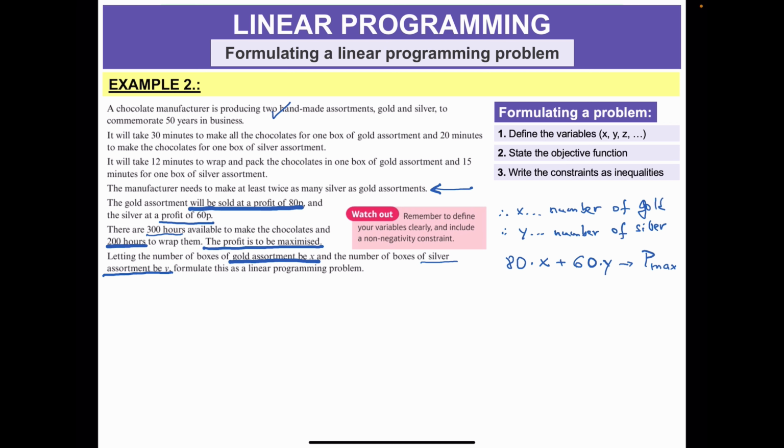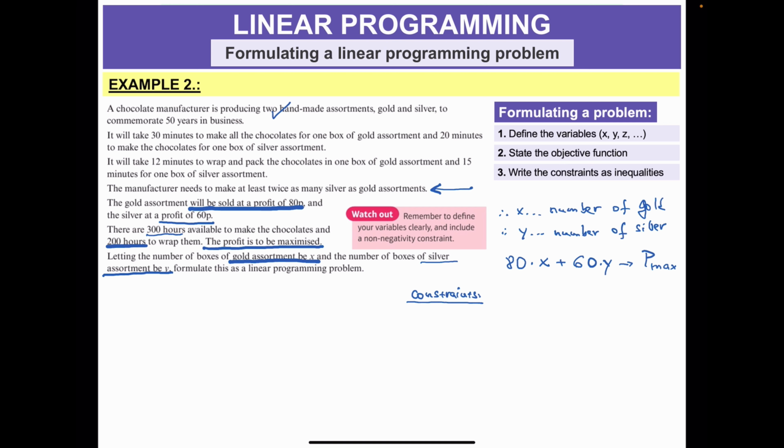Now the constraints that I need to define. What do I have? Well, I have 300 hours available to make the chocolates and 200 hours to wrap them.